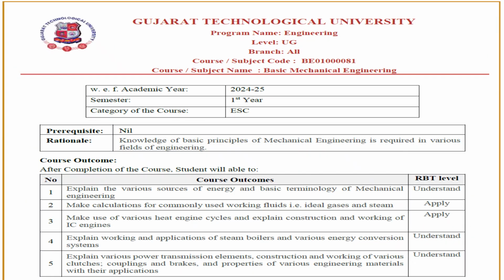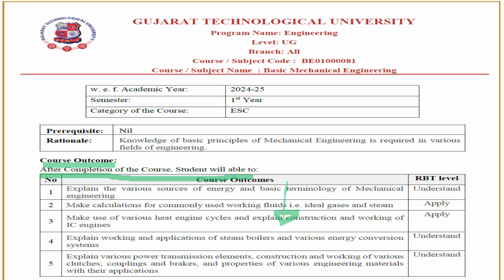If you refer to the latest GTU syllabus, you will find that some course outcomes are mentioned. According to chapters, some course outcomes are mentioned, and it is mentioned that after completion of the course, the student will be able to, and then the detail is given.